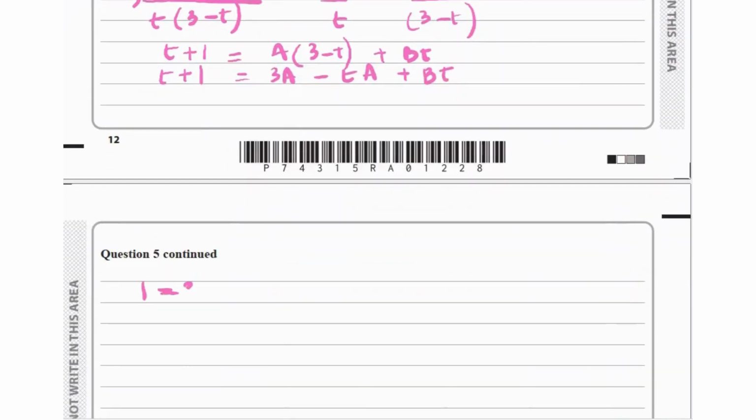1 equals 3A, which means 1 over 3 is equal to A. 1 equals negative A plus B. So 1 equals negative 1 over 3 plus B. 1 plus 1 over 3 equals B. That's going to be 4 over 3.